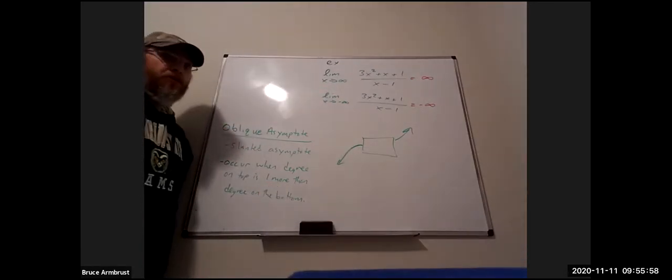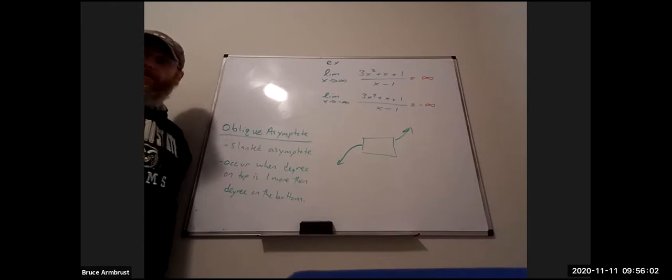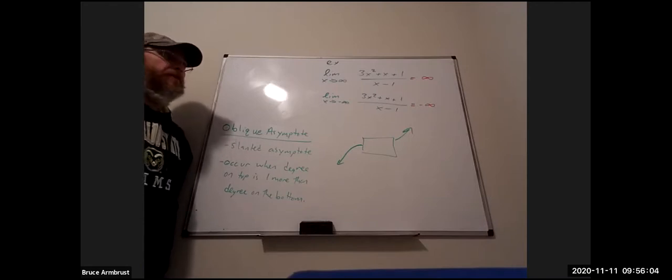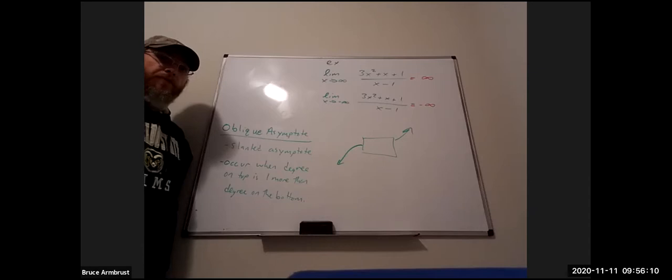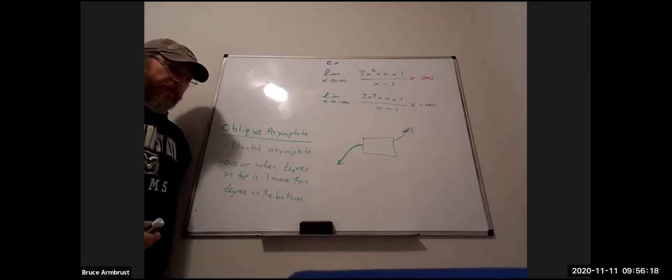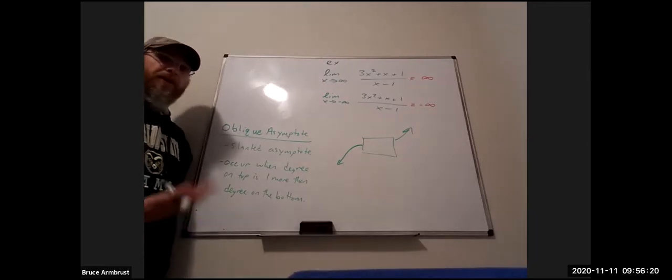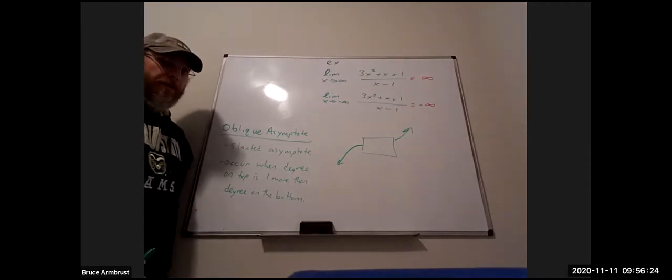The degree on top was 2. The degree on the bottom was 1. And because it's 1 different, that means that we're going to get an oblique or a slant asymptote. So when you're in that situation, look for these, because they can help you figure out what the graph looks like. They give you more information, basically.